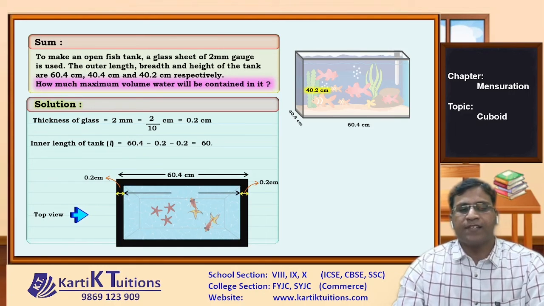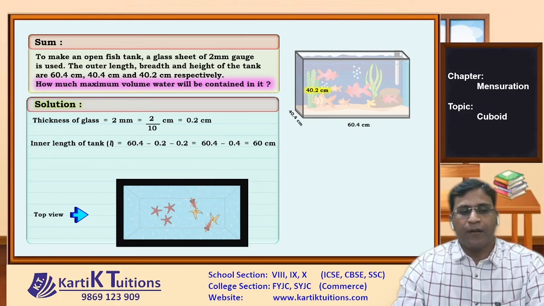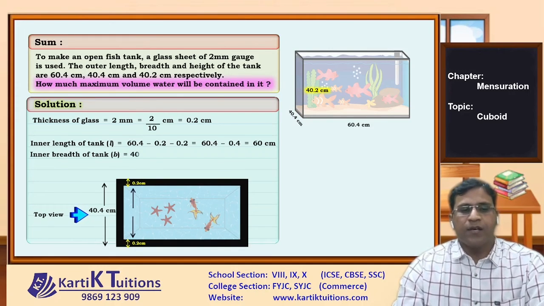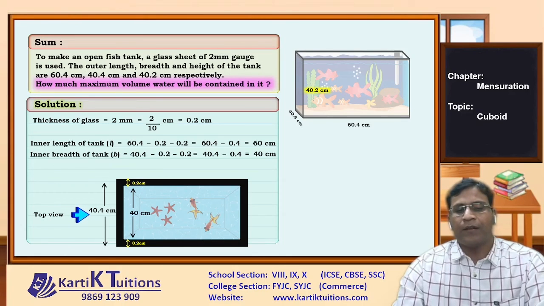Now that will become 60 centimeter. Same way, have a look at inner breadth. Now again, the thickness is the same 0.2. So here it will become 40.4 minus 0.2 minus 0.2. So that will become 40 centimeter. Now if you observe, the length and breadth has become easy.